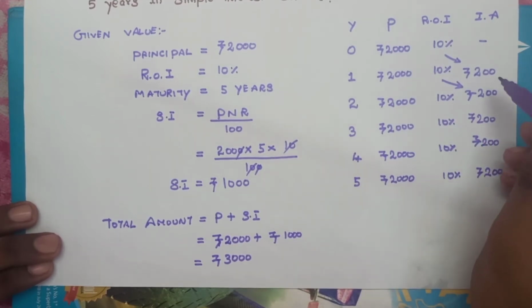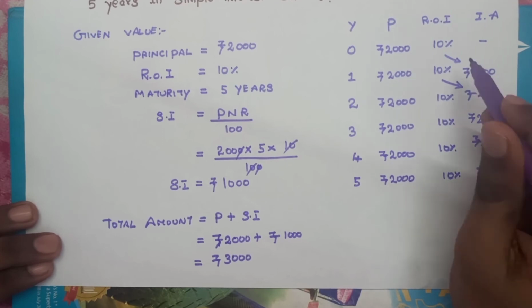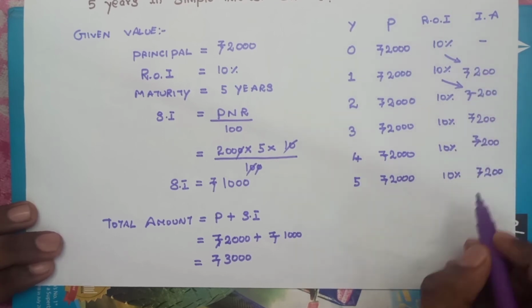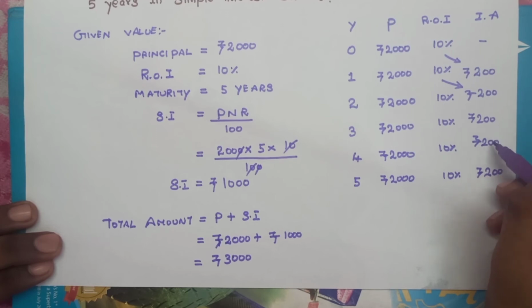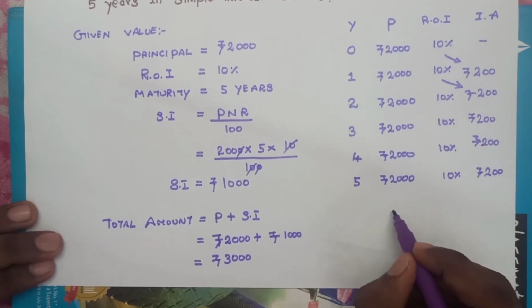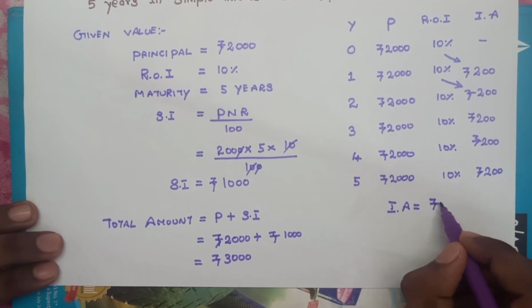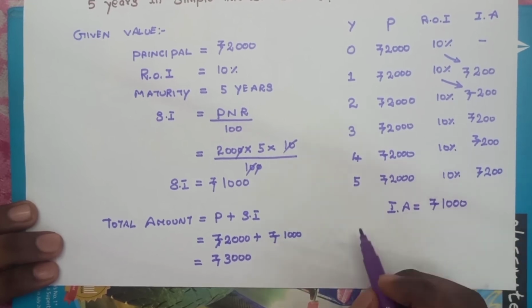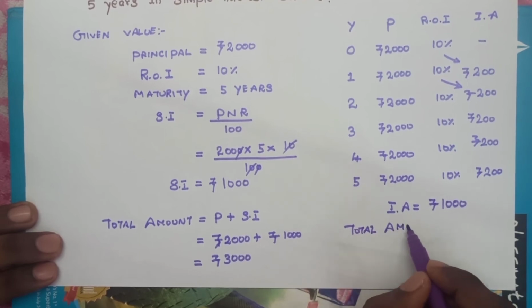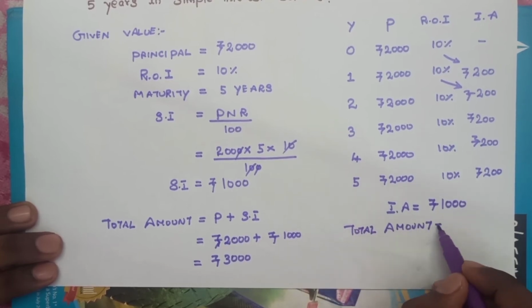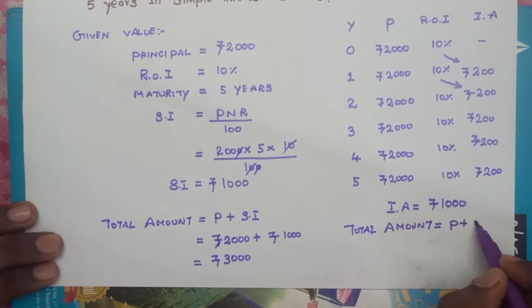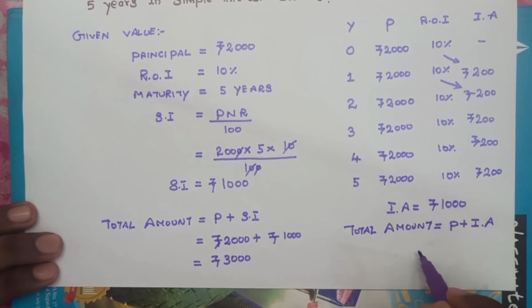Then calculate by adding the entire interest amount: 200 plus 200 plus 200 plus 200 plus 200, the interest amount is rupees 1000, and the total amount is equal to principal plus interest amount.